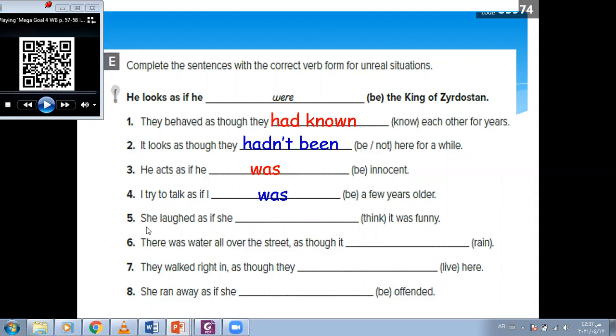Yes, I can. Okay. She long laughed. هنا الجي اتش في الكلمة دي هتاخد صوت الاف، فهتقول she laughed. She laughed with she think it was fun. Okay. What is the answer?